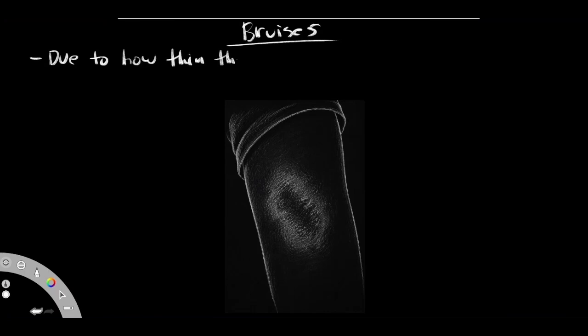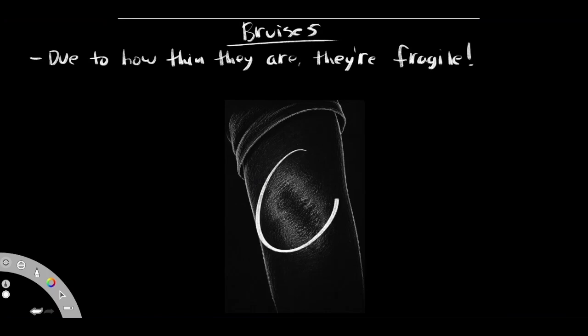All right, so when you get a bruise, for example, what's happening? It's just that the capillaries have popped because they're extremely fragile. They're only one cell thick, like I said, right? So due to how thin they are, they're fragile. Okay, so what you see there is a pop.